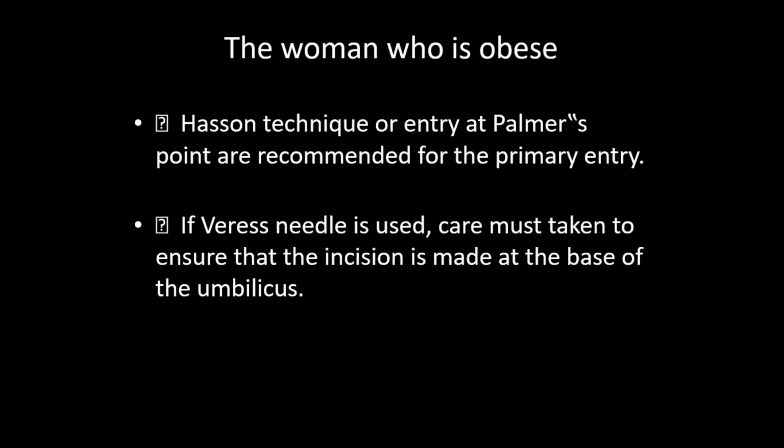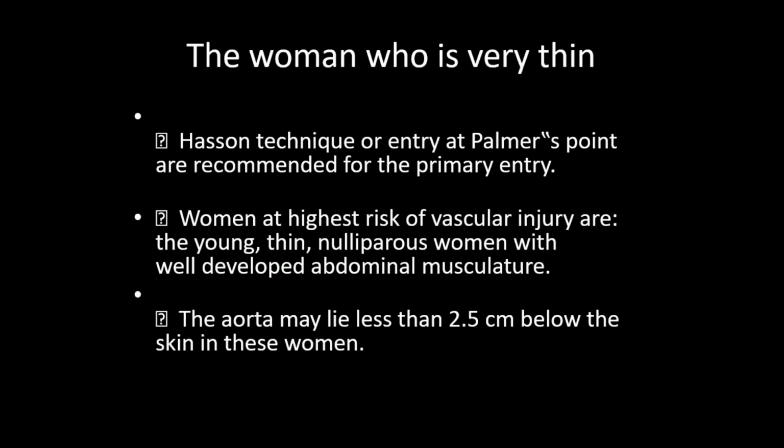Second report. In the woman who is obese, Hasan technique or entry at Palmer's point are recommended. A Veress needle is used. Care must be taken to ensure that the incision is made at the base of the umbilicus. As well as those women who are very thin, the guideline said the aorta may lie less than 2.5 centimeters below the skin in those women.